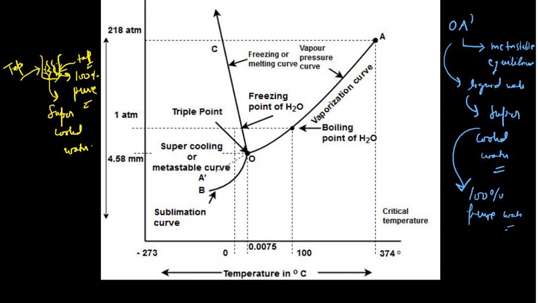Or if you add some dust particle to it, it will immediately crystallize. That means the system is not fully stable. That is why it is known as the metastable system, or the metastable curve. So, this is your metastable curve.